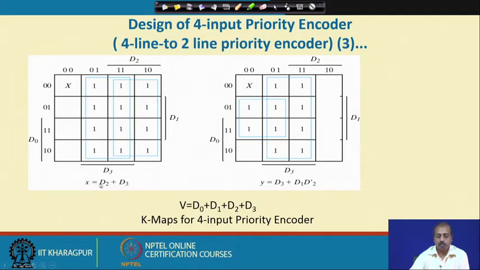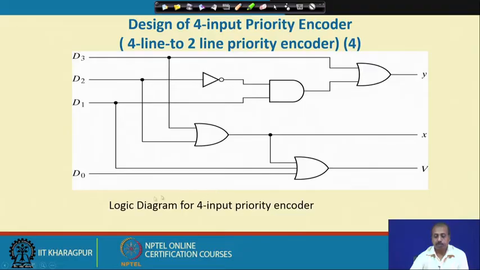So, x equals D2 or D3, then y equals D3 or D1 D2 bar. Similarly, from this you get x and y, and the valid bit is equal to 1 if all of them are not equal to 0, that is, at least one of them is equal to 1. Here there is a slight modification in the circuit.